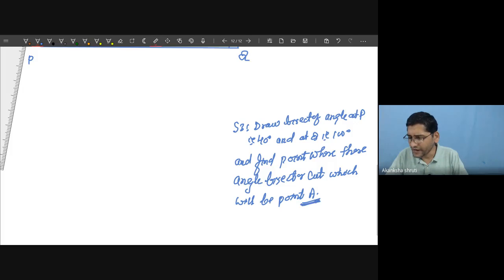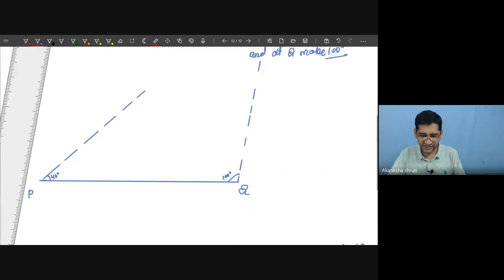So this way the point A is determined in this third step.